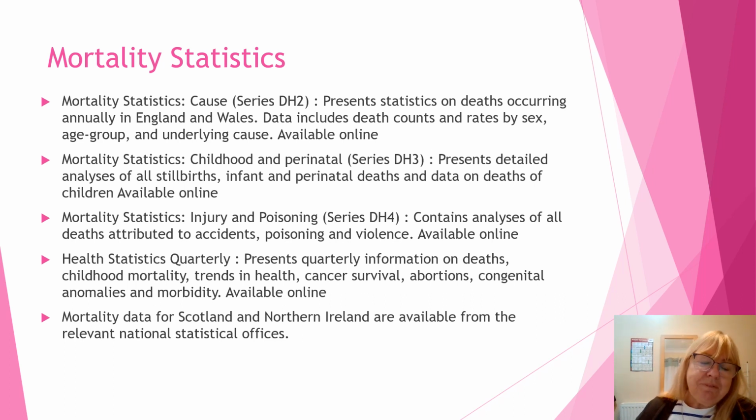The other thing is known as Health Statistics Quarterly. You can also look this up online, and then it brings together quarterly information, so it sort of summarizes the information. So quite good for you to look at trends as well. And that presents quarterly information on all deaths, really, childhood mortality, and general trends in health.